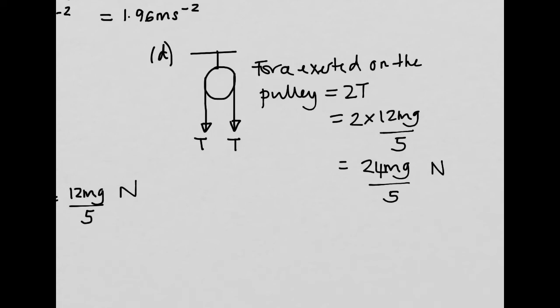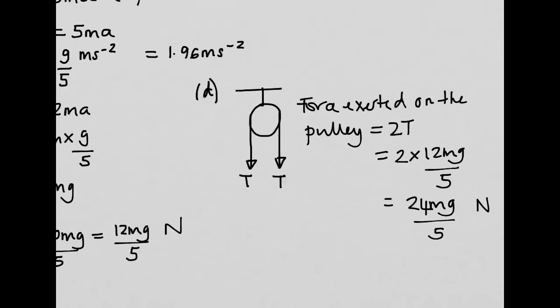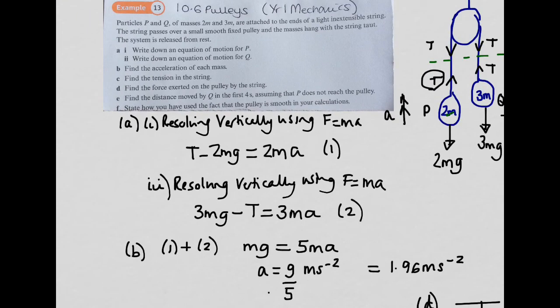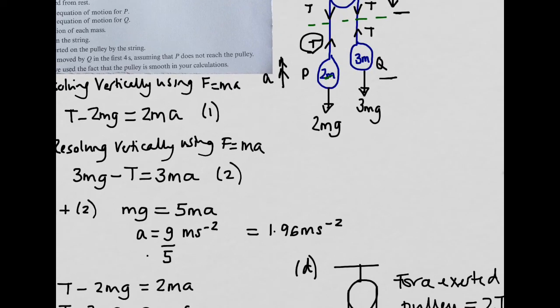Right, now I'm going to move on to part E. So let's go back and look at what part E says. It says find the distance moved by Q in the first 4 seconds, assuming that P does not reach the pulley. So we're looking here at Q. We know that it started from rest, so we know that u equals 0. And we know the acceleration.